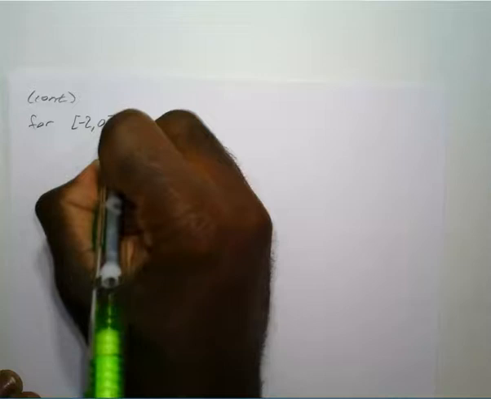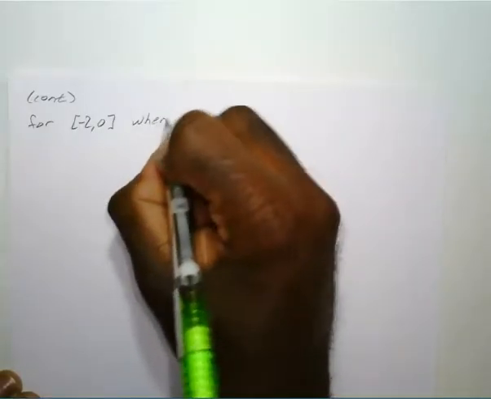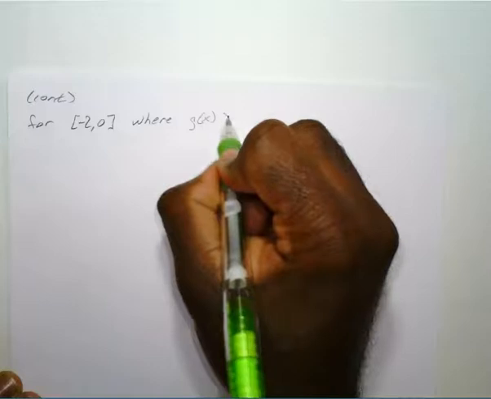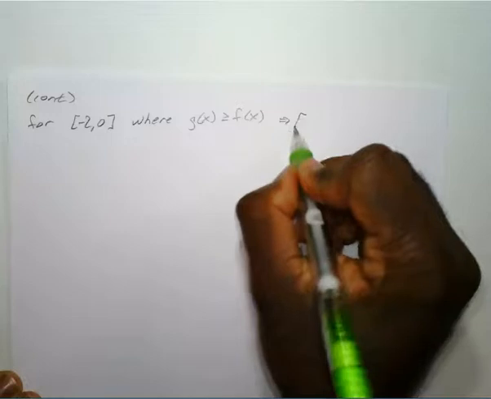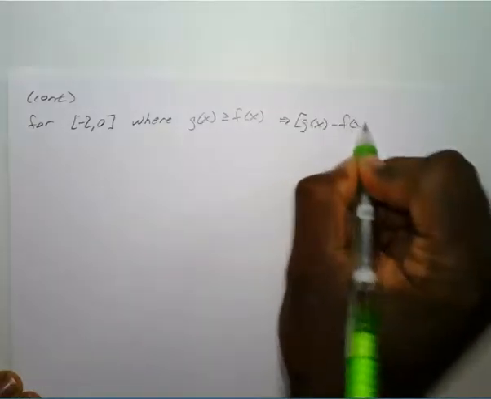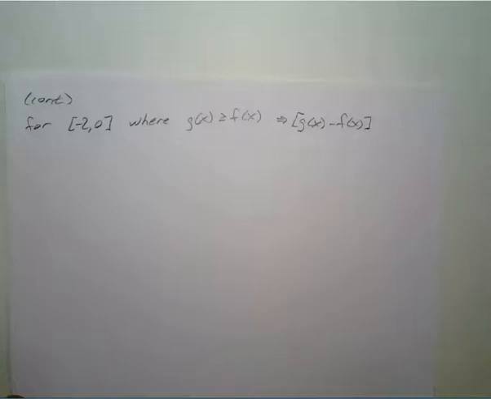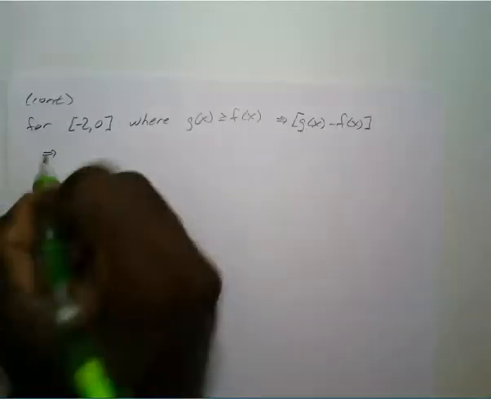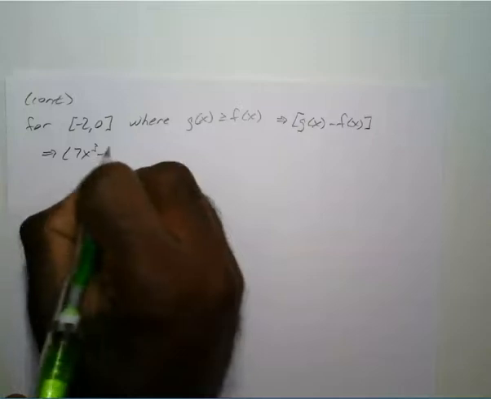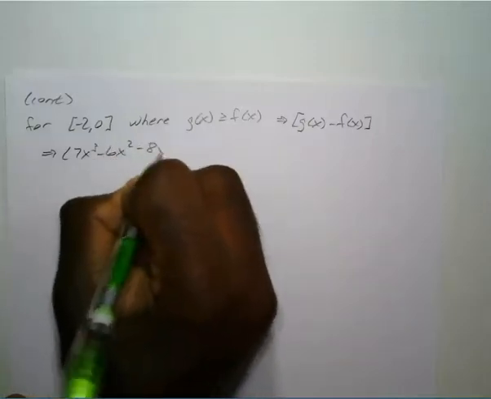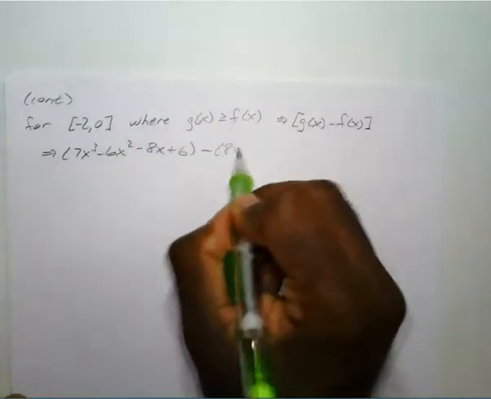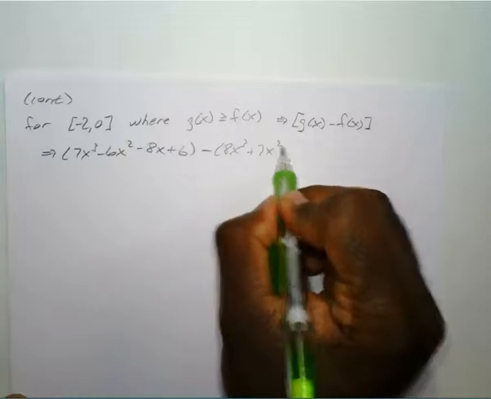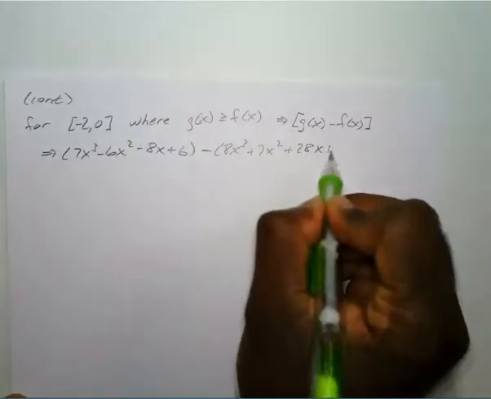Okay. So for the interval from -2 to 0, where g of x is greater than or equal to f of x, we know that you have to use g of x minus f of x. So g of x minus f of x is just 7x to the third minus 6x squared minus 8x plus 6 minus your f of x, which is 8x to the third plus 7x squared plus 28x plus 6.